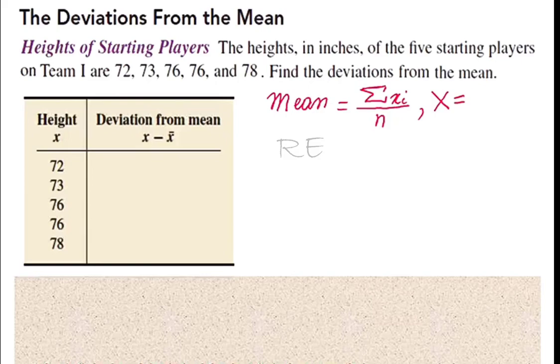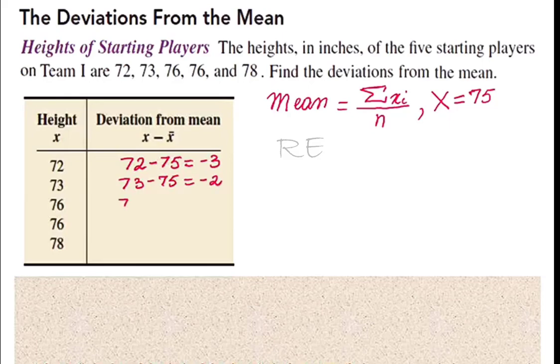The mean as calculated previously was 75. Now, we need to subtract the mean from each observation. The one to the left will give us negative answers, and the one to the right positive answers.